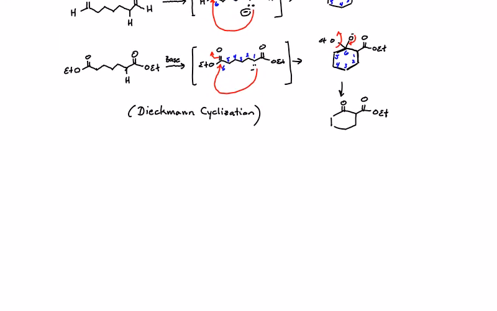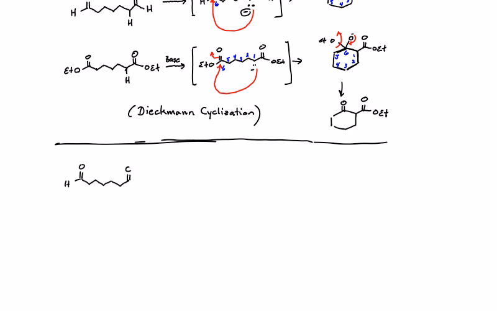So if we have, let's just stick with the aldol example here, this dialdehyde that we treat with base, this is the exact same thing that we drew up there before. We're going to wind up with a 6-membered ring.